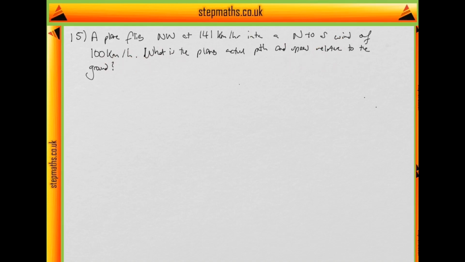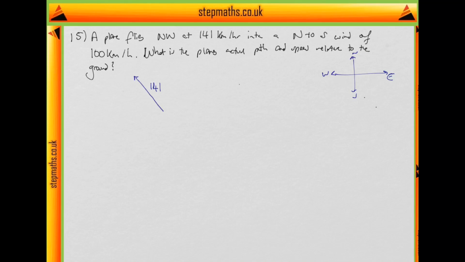Well, let's go at this in terms of vectors. First of all, let's draw our compass on. So we have northwest, northeast, southwest, obviously. So we have that it's going directly northwest. We have some vector here, which is of magnitude 141.